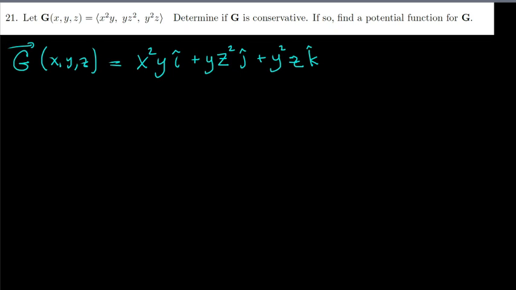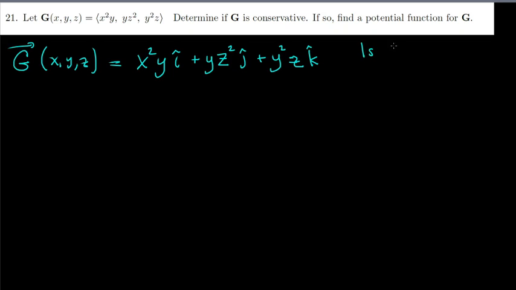So number 21, let G be the vector field x squared y times i plus y z squared times j plus y squared z times k. Okay, so I write it in component form, but I just rewrote it in the i, j, and k form. So the question is, is G conservative? And if it is, find a potential function.